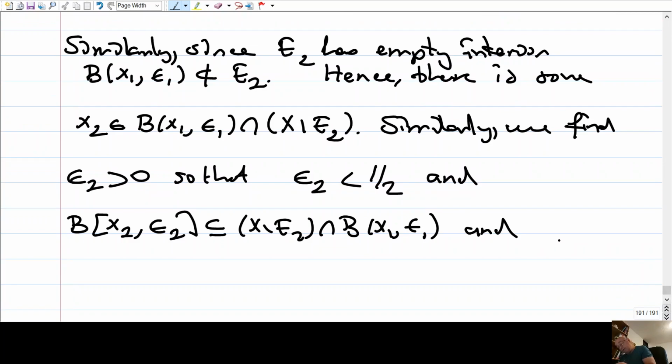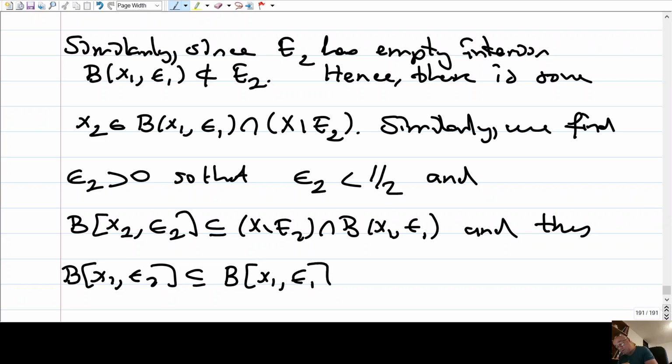So I have this lying inside this closed ball, and this closed ball lies inside this closed ball.